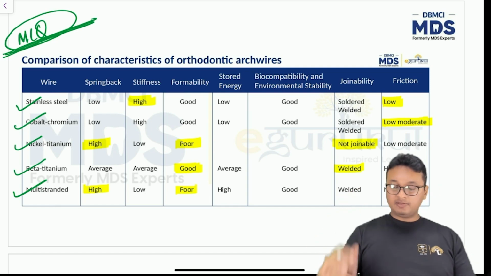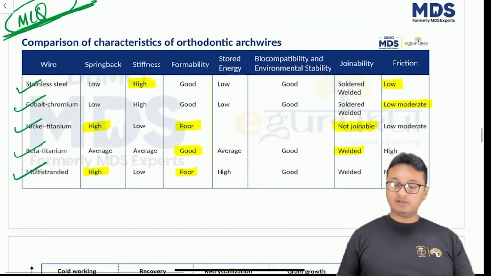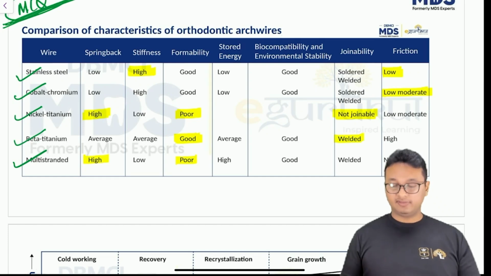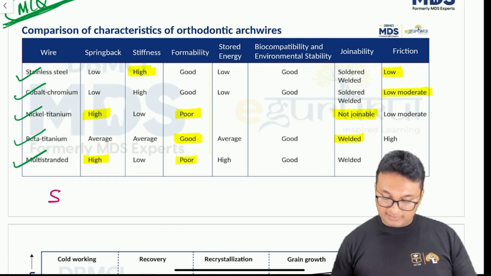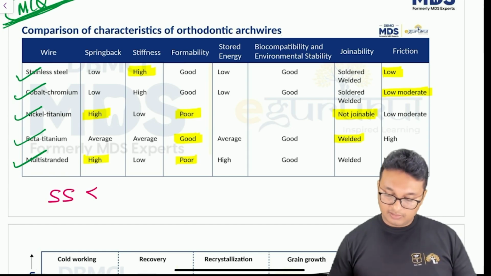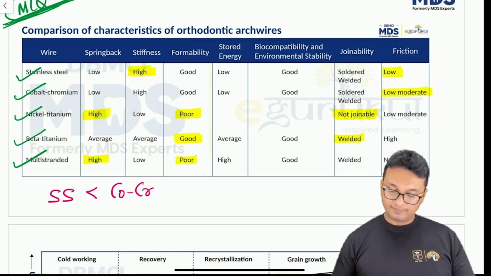Now many people ask me the question, what about the order of friction in the arch wires? Stainless steel provides the least amount of friction. This is followed by cobalt chromium wire, that is alloy wires.